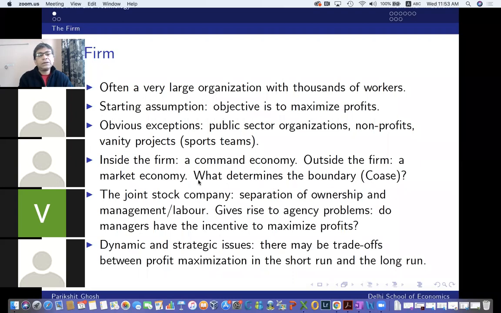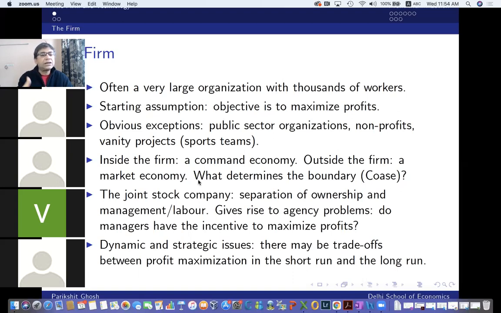So the CEO or the CFO and other top officials determine which division should get how much resources, for example, between the R&D division, the manufacturing division, the marketing division, how should the firm's outlay be divided. So that's not determined by a price system. The price system operates in terms of exchange and resource allocation across firms. But within a firm, we almost have a socialist planned economy, so to speak.